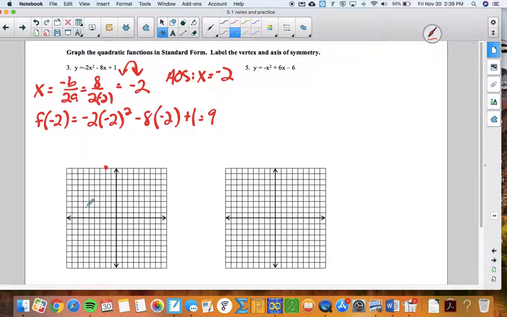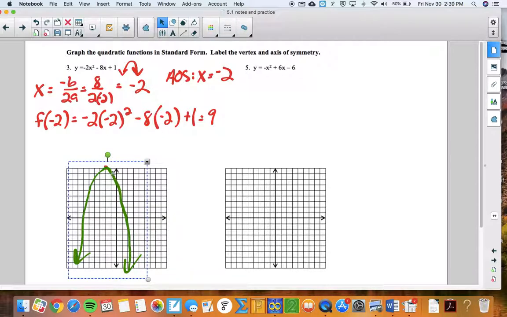So then, folks, from here, I can envision it. I'm just going to sketch it. It's going to be messy, and I'm going to erase this in a second. I'm going to get a frowny face, an upside down parabola going through it, but I'm not sure exactly where it goes. So I'm going to find the actual height when x is negative 1, where I'm putting those crosshairs right now.